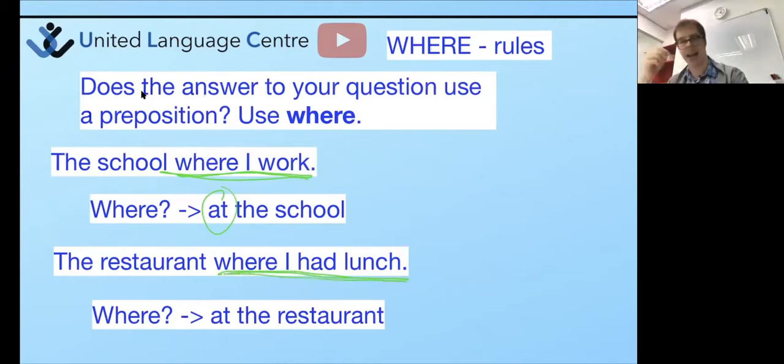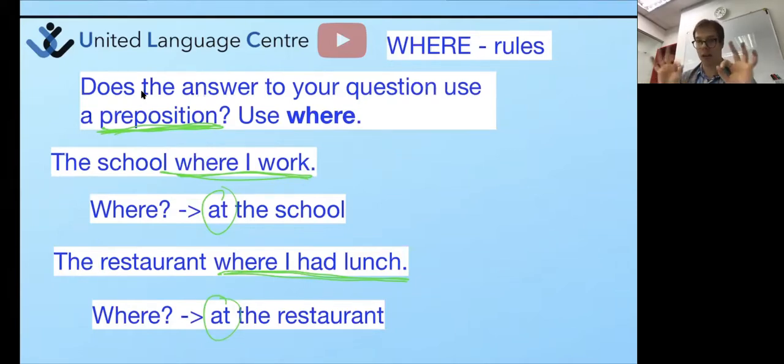There's my where I had lunch. Where did you have lunch? At the restaurant. This at is a preposition, right? So if your answer to your question or the answer to your sentence is where, at, where, in, right?